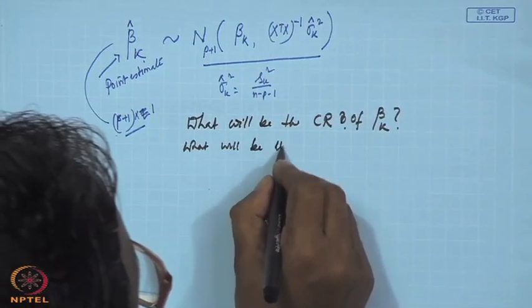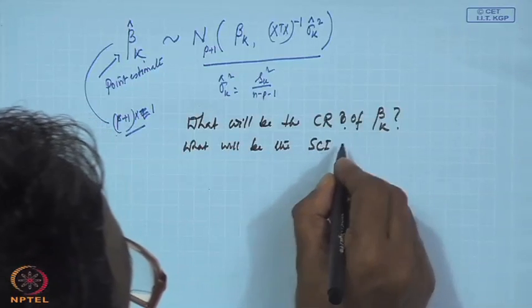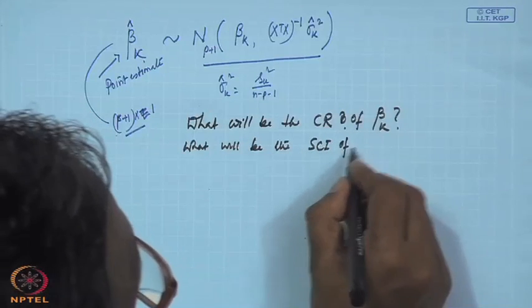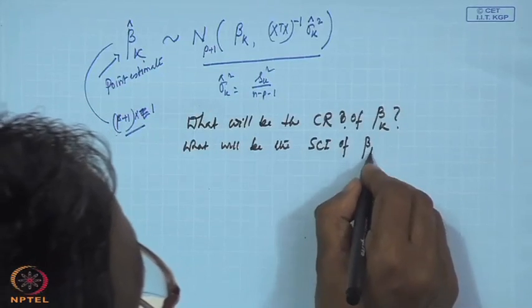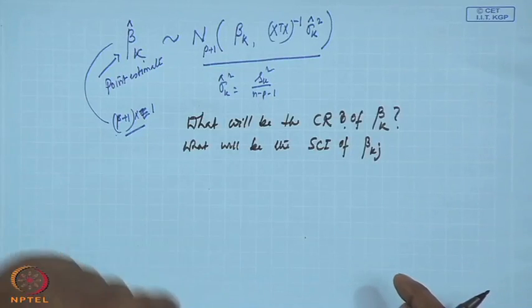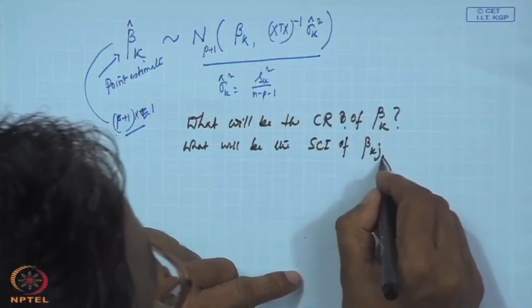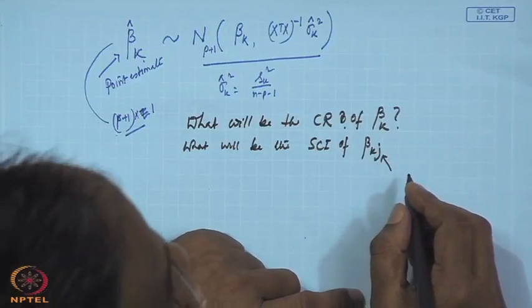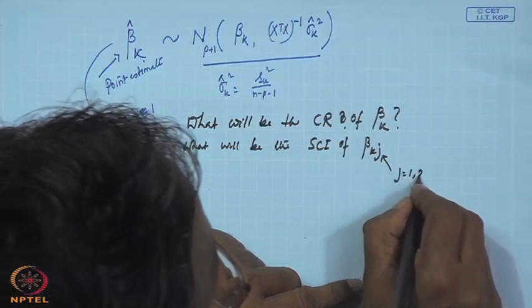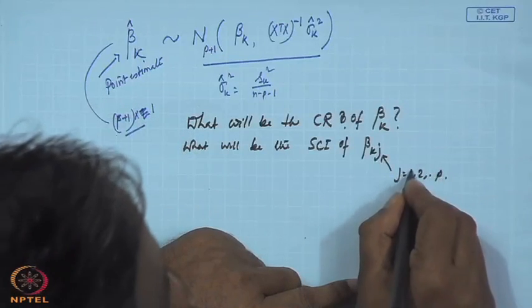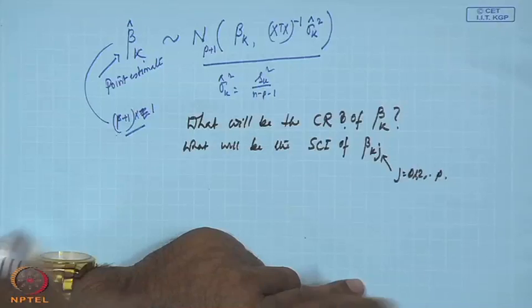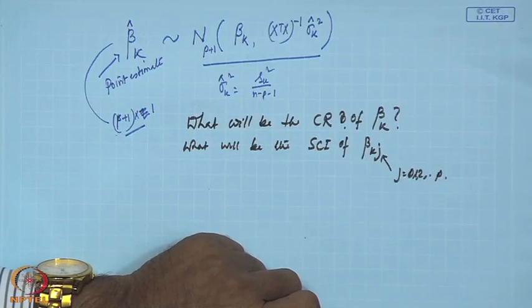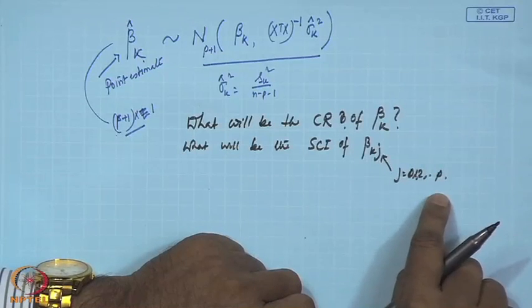What will be the simultaneous confidence interval of beta_kj? See, j stands for j equal to 0 to p, all the regression coefficients related to x variables.